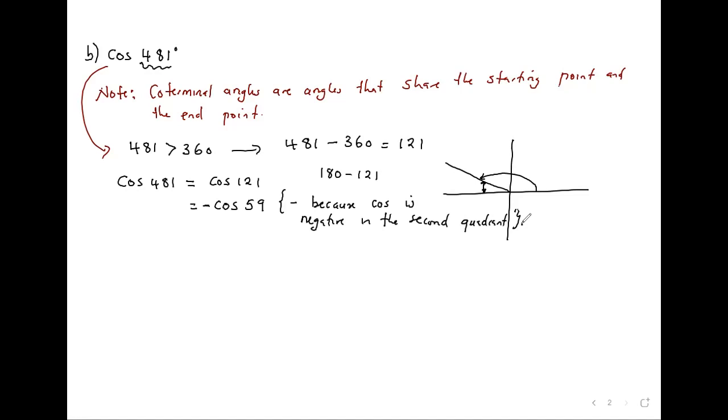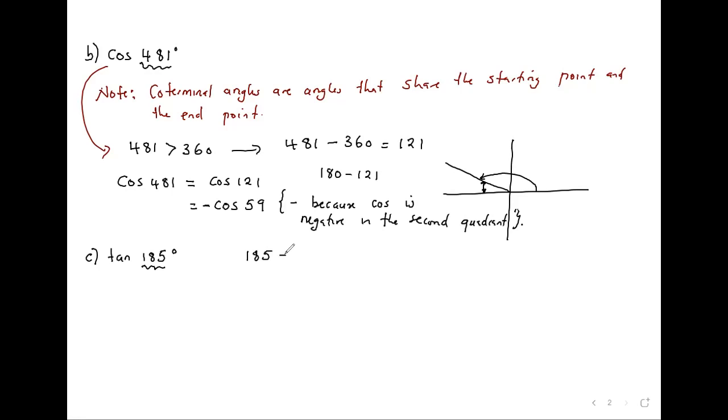Okay, we go to C, we find tan 185 degrees. Again, because 185 is not an acute angle, we'll get the reference angle, that is an acute angle, by doing 185 minus 180, because it's bigger than 180 and less than 270.